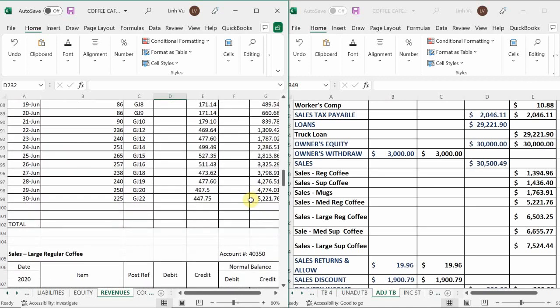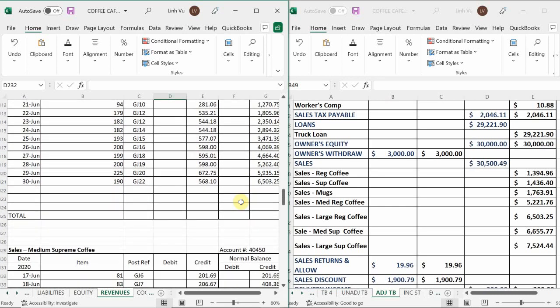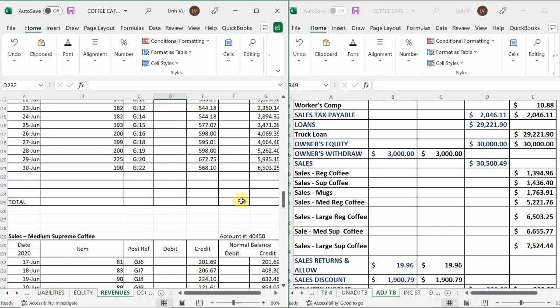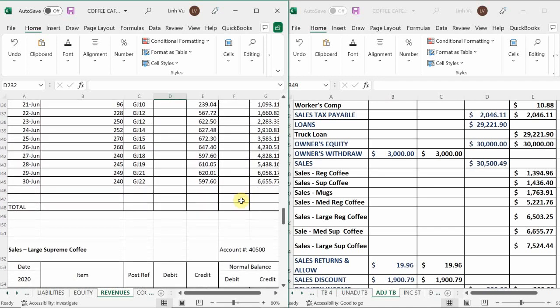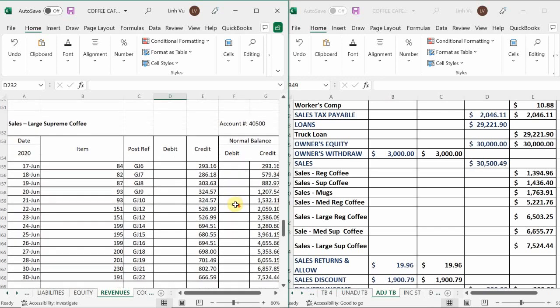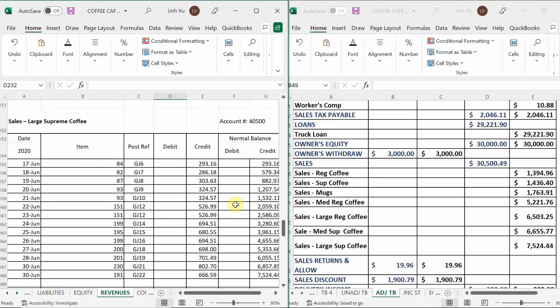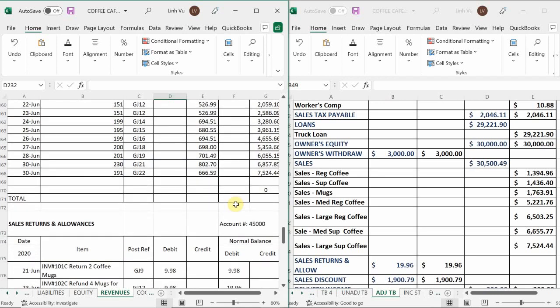The large regular coffee should be at $5,200. The medium supreme should be at $6,503. And your large supreme should be at 7,526. So again, no changes there.